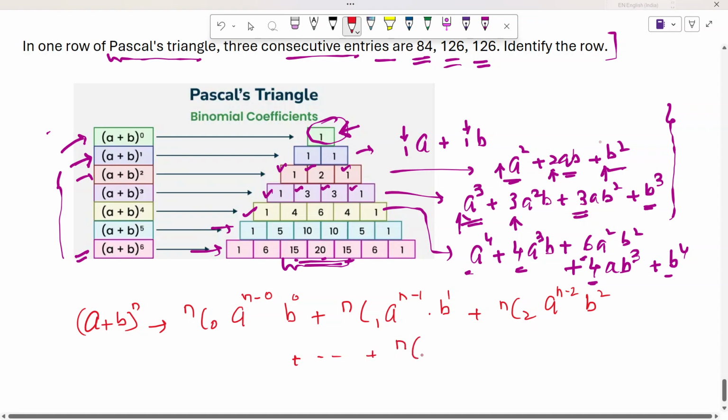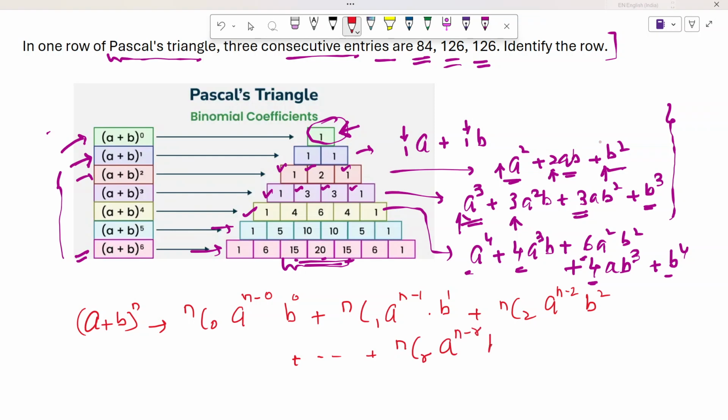General term ncr, a raised to power n minus r, b raised to power r, so on. ncn, a raised to power n minus n means 0, of course 1 हो जाएगा, and b raised to power n.